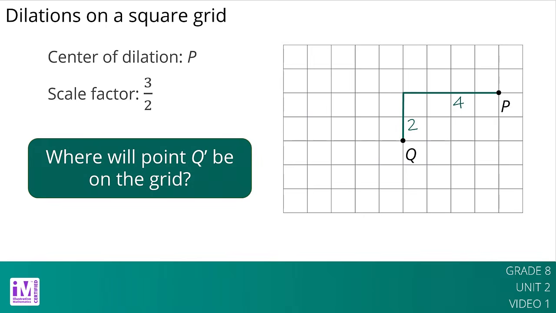Using the structure of the grid, we can scale the horizontal and vertical distances from point P to point Q by the scale factor of 3/2 to find the location of point Q prime. Since 4 times 3/2 is 6, and 2 times 3/2 is 3, point Q prime is 6 grid squares to the left and 3 grid squares down from point P.